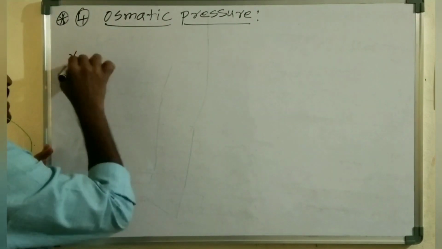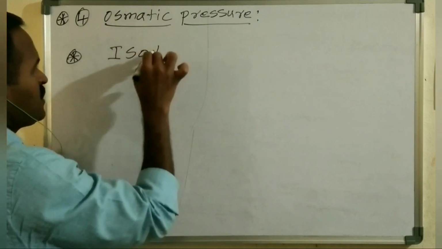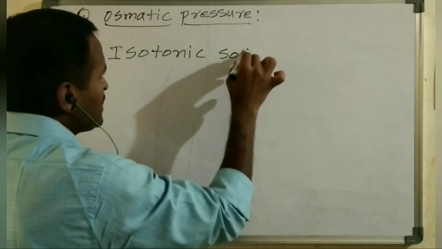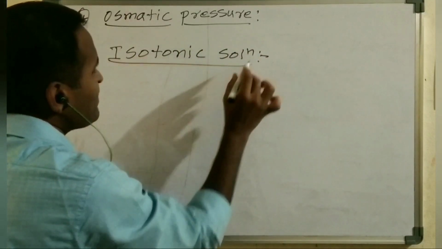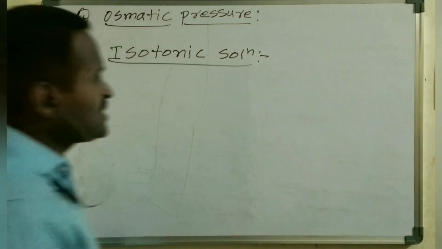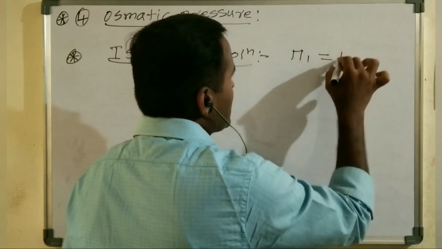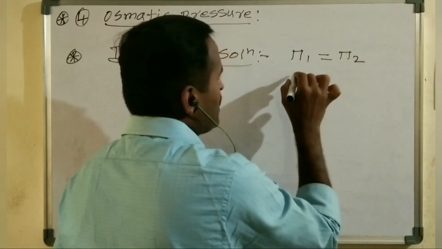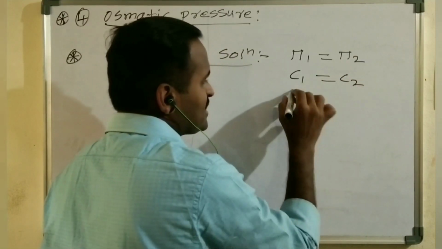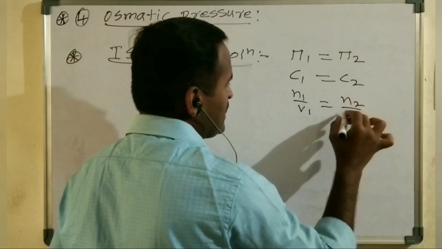First, what are isotonic solutions? Isotonic solutions are the solutions which have the same osmotic pressure. Here I can write pi1 equals pi2, or C1 equals C2, or n1 by V1 equals n2 by V2.